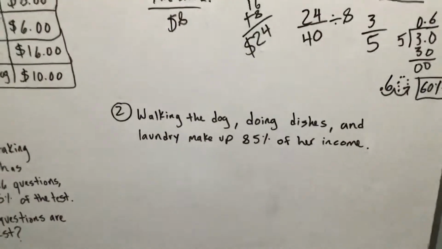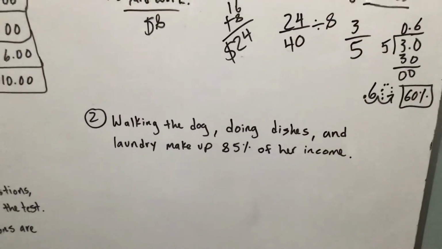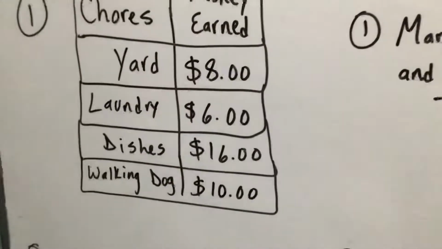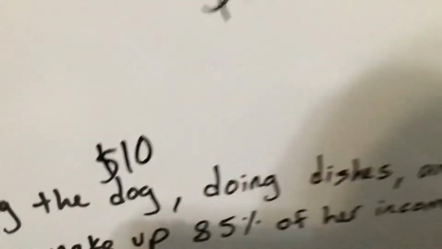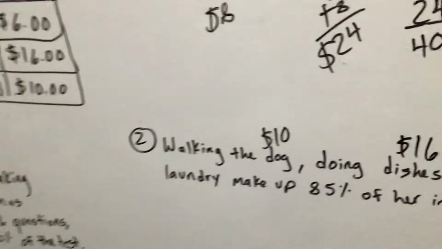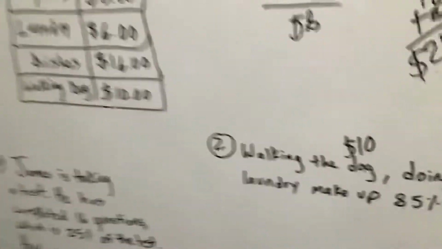Number 2, walking the dog, doing dishes, and laundry makes up 85% of her income. Well, walking the dog, it's $10. So we label it as $10. Dishes represent $16. And doing the laundry represents $6.